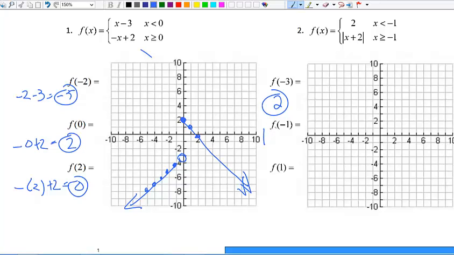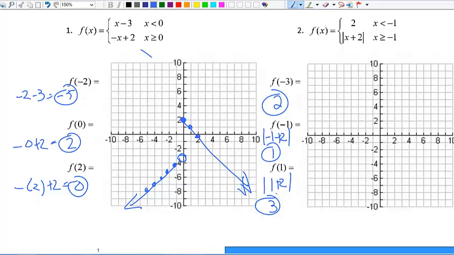So it'd be the absolute value of negative 1 plus 2, which is positive 1. And then f of 1 would again be defined by the bottom equation, so that would be the absolute value of 1 plus 2, which is 3.